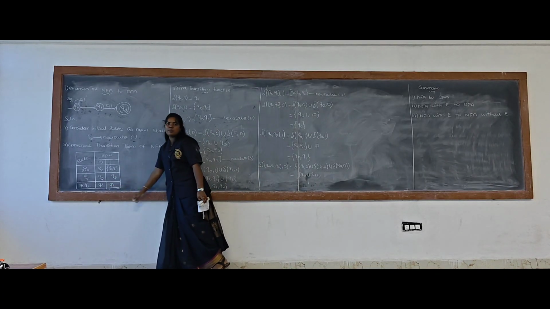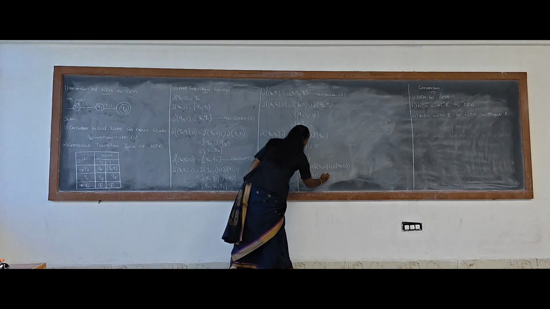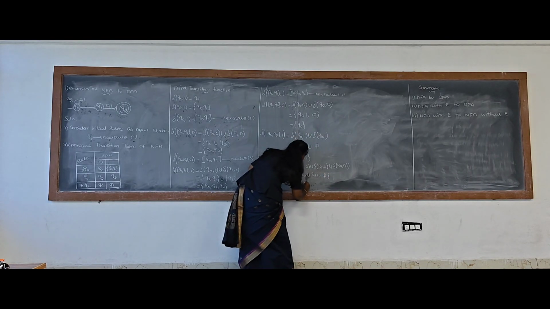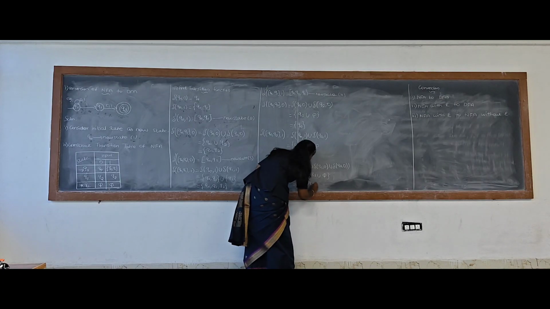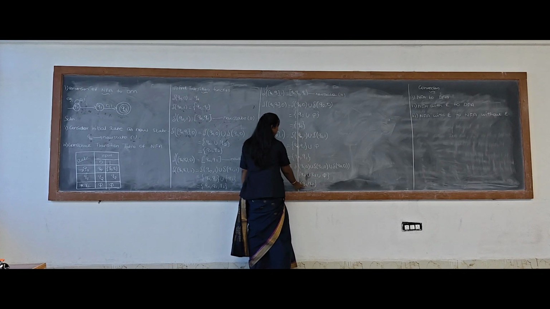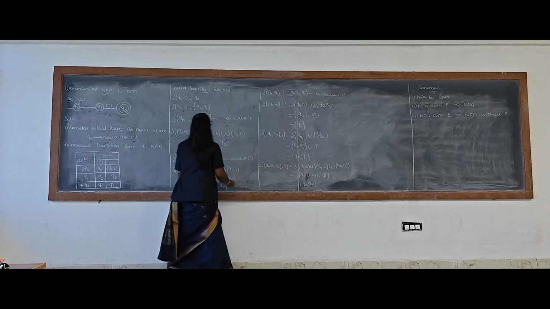So finally we will get q0 comma q2. Now we will check this state with the previous states. q0 q2 is already marked as new state 3, so leave this as it is.